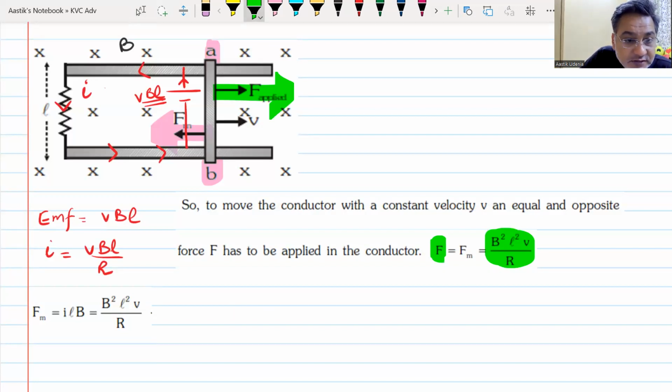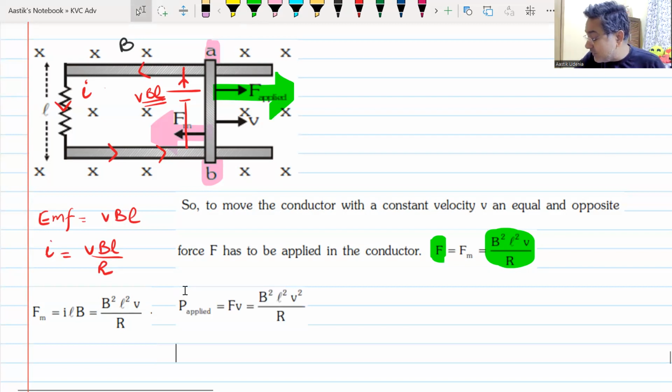First listen to me, then I will give you time to note this down. So what is the power that I am giving to the rod? That will be equal to F into V. Yes or no? Yes, sir. Now, this is also a circuit which has a current.